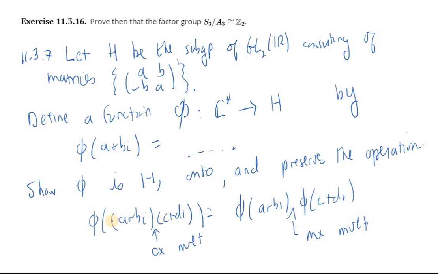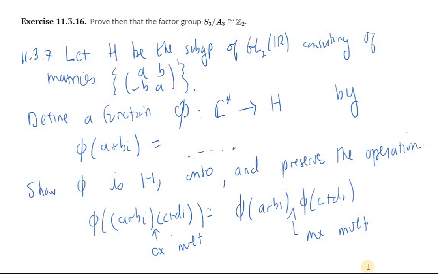All right, you take the complex multiplication, then take phi, and you get the same result if you take phi of the individual complex numbers and take matrix multiplication. Right now, so that's the order that you follow. That's kind of a template or recipe that you follow to show isomorphism.